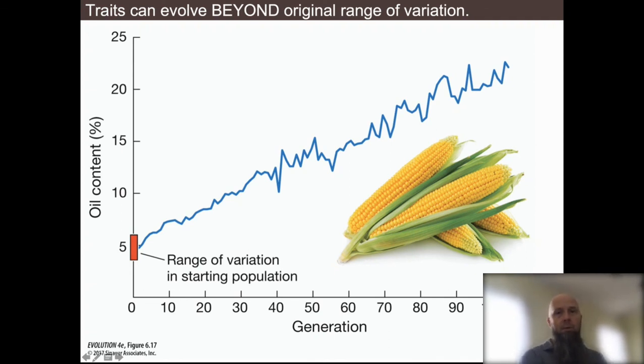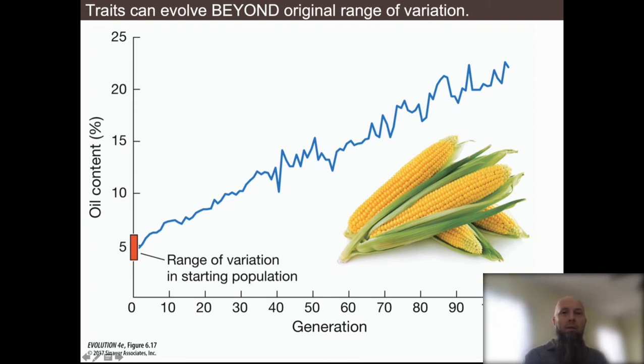If you look at the last 100 generations of corn that have been grown here in the United States, you can see that the oil content of corn used to be quite low. 5% of the volume of that corn could be extracted for oil, right? For biofuels or for cooking oils.